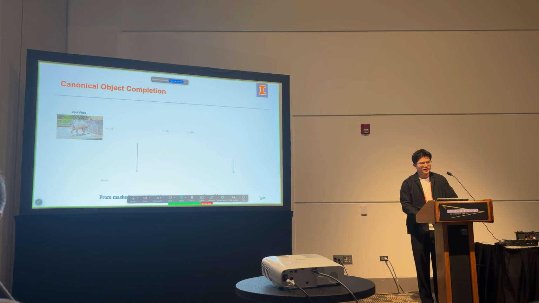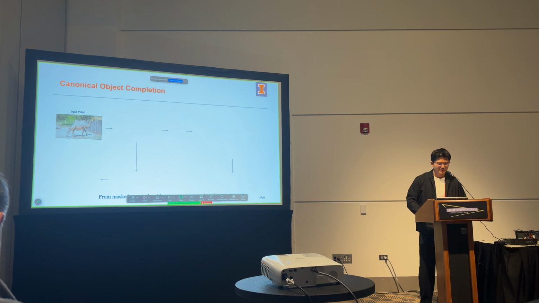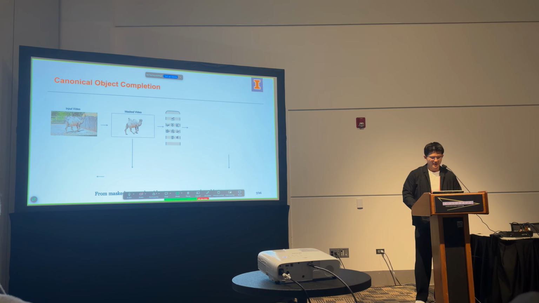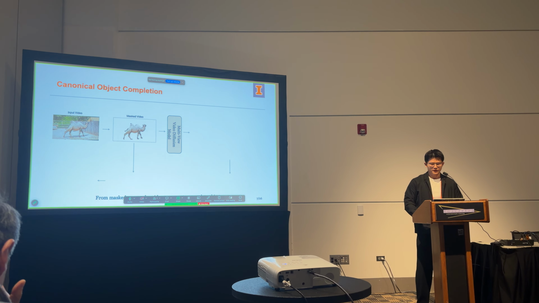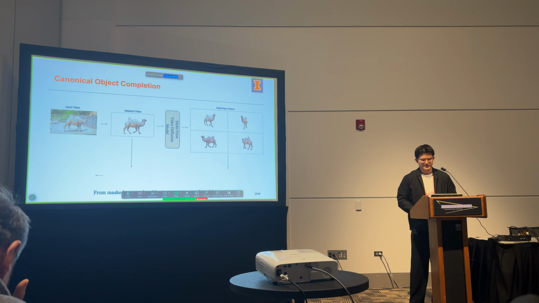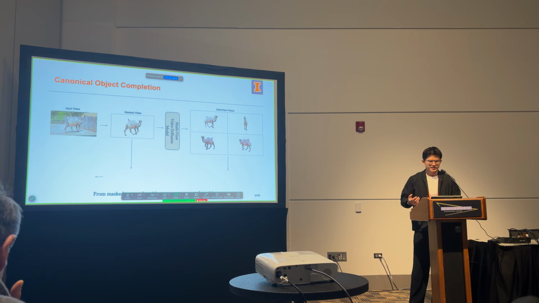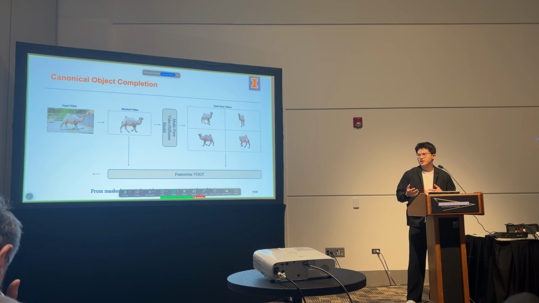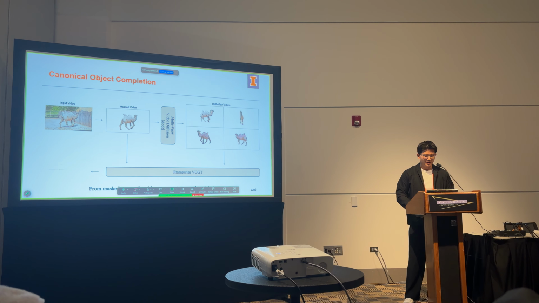So let's first look into how we complete the object here. From the initial video, we have the masked video using SAM. And then we use a multi-view video diffusion model to generate 4 different perspectives of this dynamic object. For each frame, we do feed-forward inference to get a point cloud.